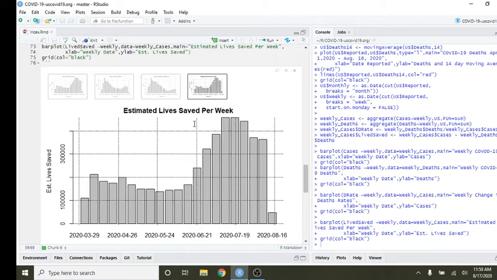That 7% decline represents lives saved. And you can see here the number of lives saved has declined. As a matter of fact, it's down four weeks in a row now, which indicates that there are fewer deaths per week due to a decline in the death rate.